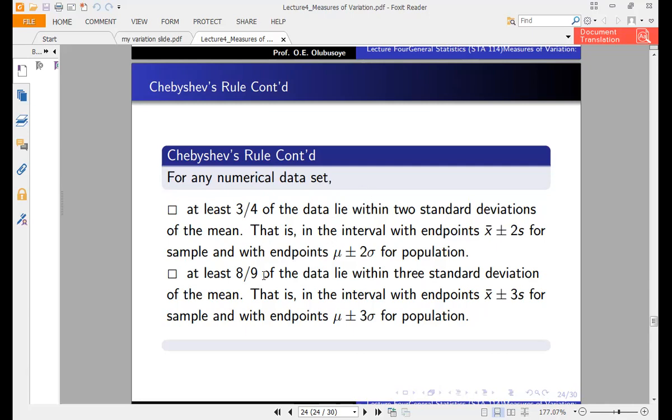You can also conclude that at least 8/9 of data will lie within 3 standard deviations of the mean. That means if you are deviating by 3 standard deviations, you subtract that from the mean and you add that to the mean. These two values can be used to form a range, and you state that 8/9 of the data will lie between them.